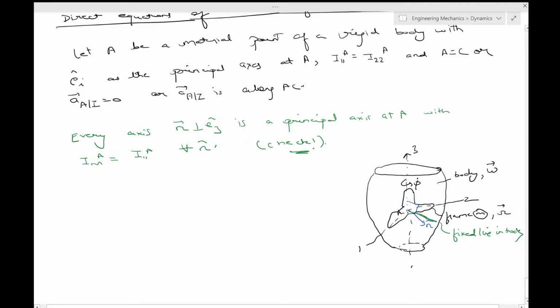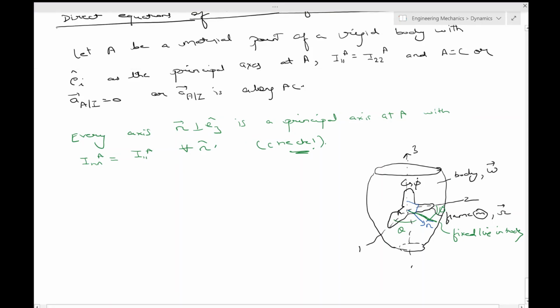This forms an angle of phi with E2, and this n forms an angle of theta with E1. So that's about it from the figure.